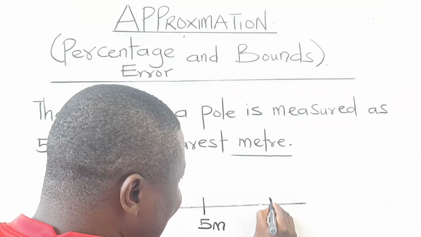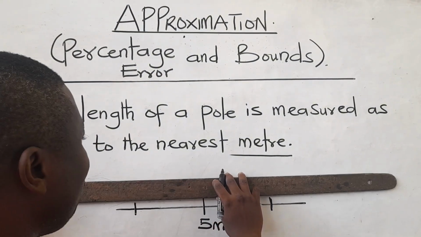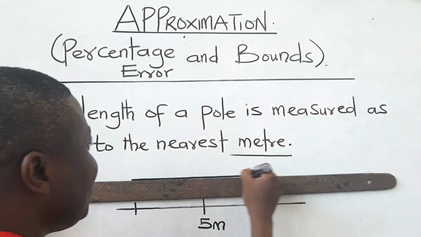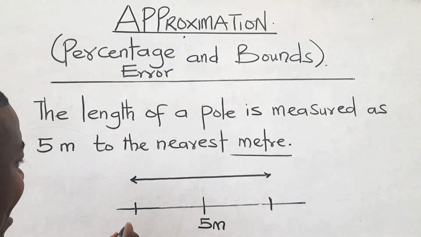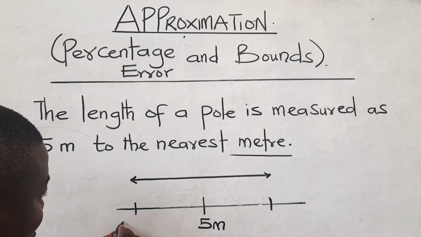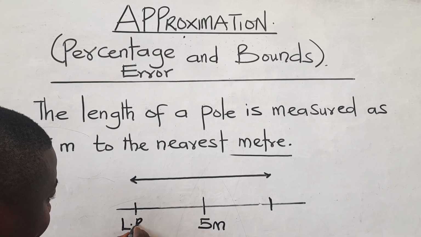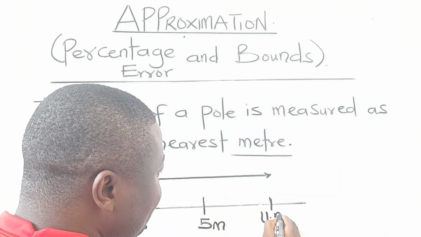Here, the lower point it can get to is called the lower bound. The highest point it can get to is called the upper bound.